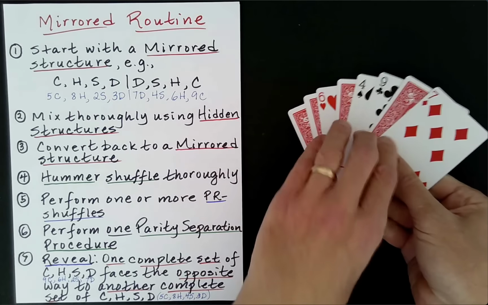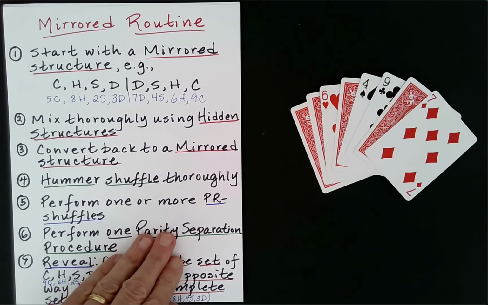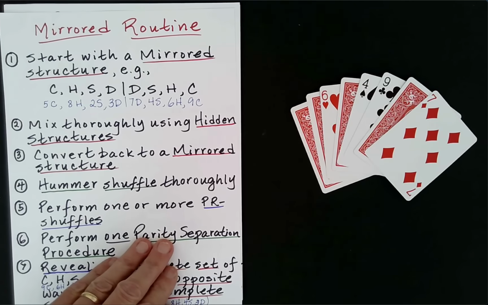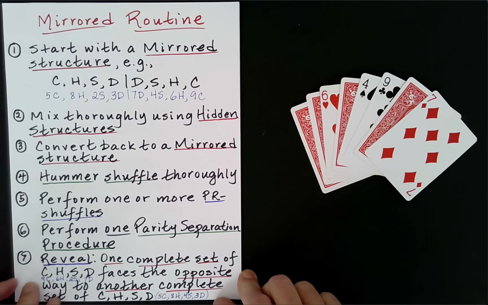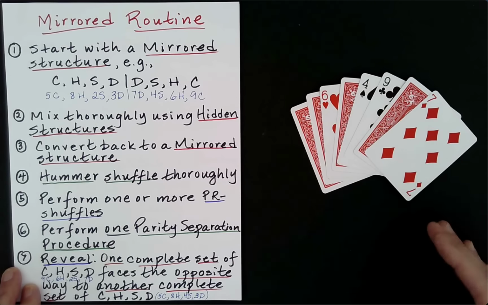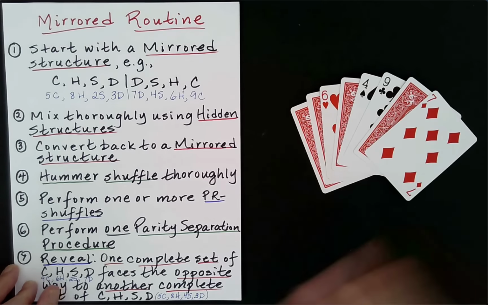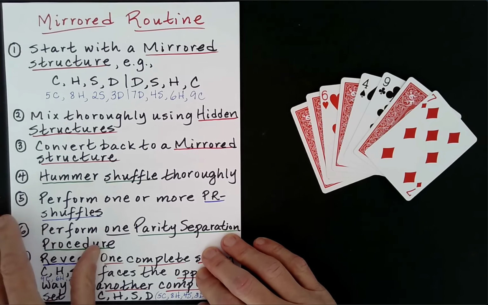Okay, so that's just kind of a simple application of the fact that if you have a mirrored structure and then you Hummer shuffle it, you know quite a bit about the ending configuration of the cards relative to what's face up or what's face down.